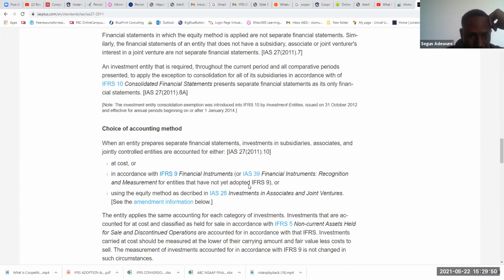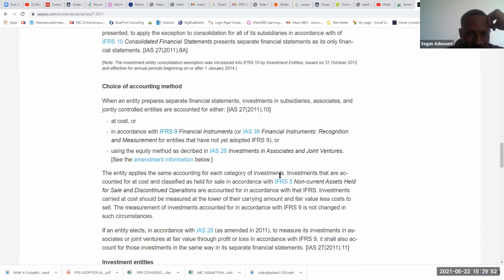Choice of accounting method. When an entity prepares separate financial statements, investments in subsidiaries, associates, and jointly controlled entities are accounted for either at cost, or in accordance with IFRS 9 Financial Instruments, or IAS 39 Financial Instruments: Recognition and Measurement for entities that have not yet adopted IFRS 9, or using the equity method as described in IAS 28, Investments in Associates and Joint Ventures.